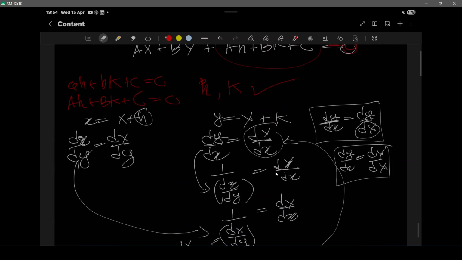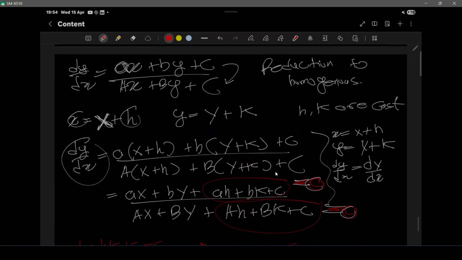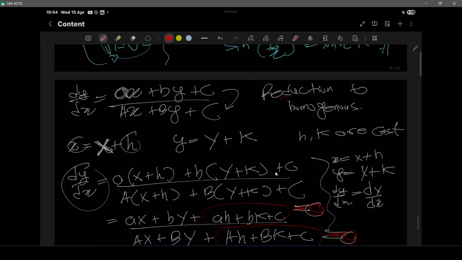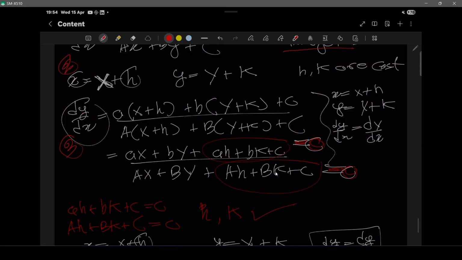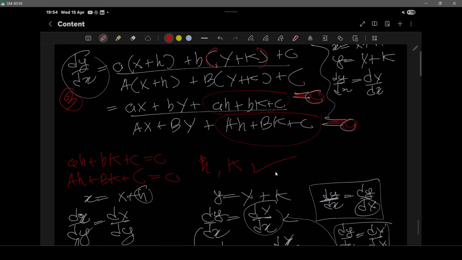Yeah. So if I tell you the steps here, first step you have to identify this as something that can be solved by reduction to a homogeneous differential equation, and you do the substitutions here. After substitution, most important, you have to change the dy over dx, and also with the substitution you have to change the variables in our equation and make these two equal to 0 and find h and k.